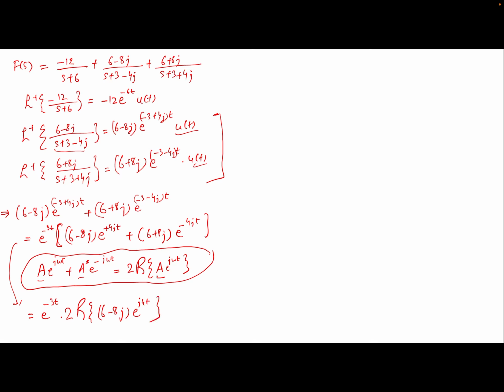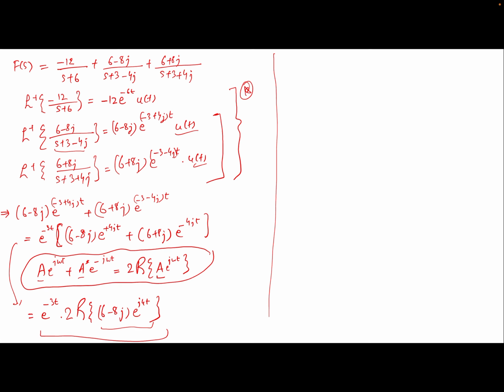Okay, so great. So we got this thing. Eventually you have to come back and put everything here, right? Let me put a star here. Okay, so I got e raised to minus 3t times 2 real part of this entire number, 6 minus 8j e raised to power j4t.